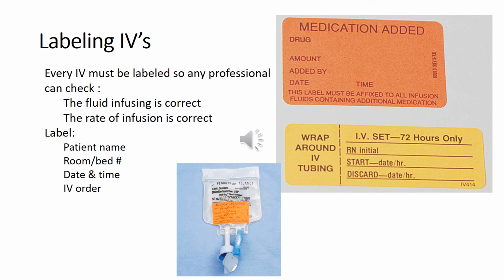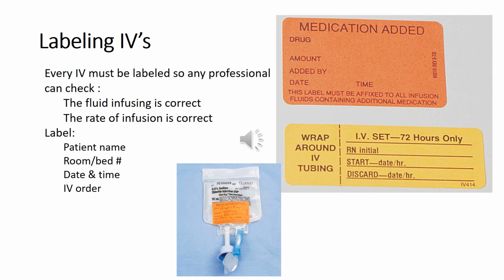Now, a lot of times, if it's just normal saline or just a regular bag of fluid running in, it's not going to be labeled 1,000 cc's of fluid, but especially if they've added something like potassium to it, you need to have that label on it. If you look at the medication added label over here, it says drug.